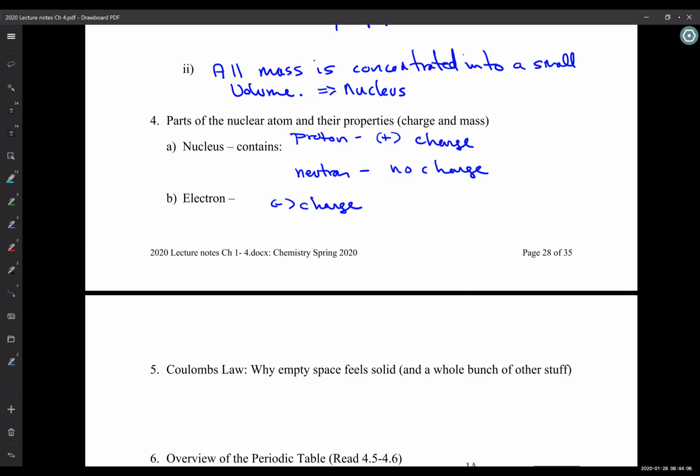So they define something called an atomic mass unit. Even though a proton weighs around 10 to the minus 27 kilograms, we just say a proton is 1 atomic mass unit. So its mass on a scale is 1 AMU, and the neutron's mass is 1 AMU.